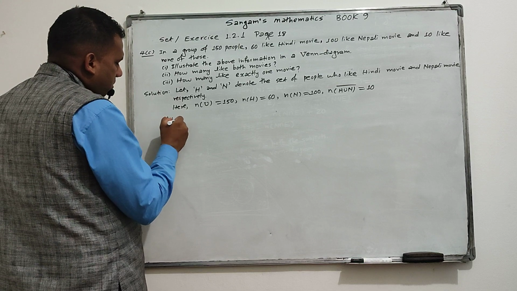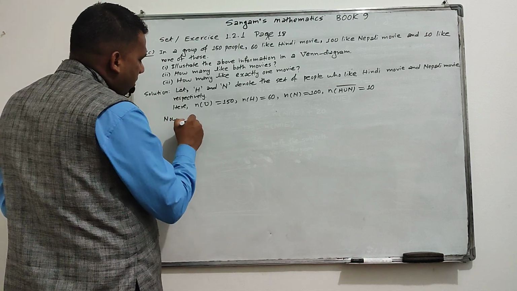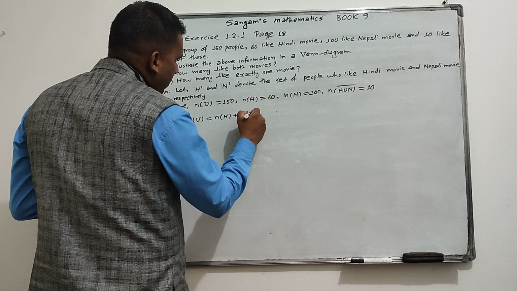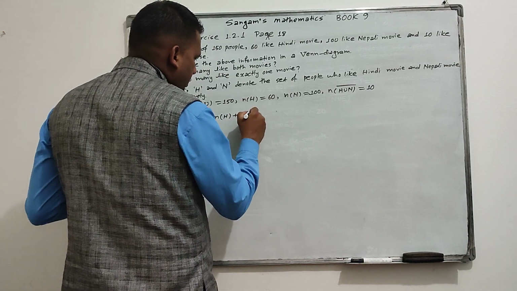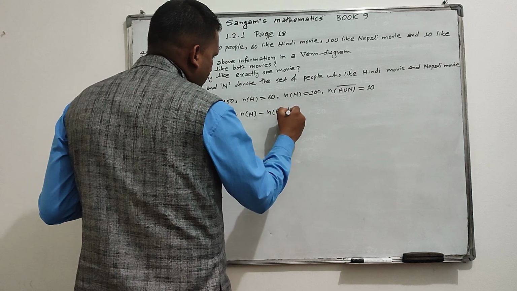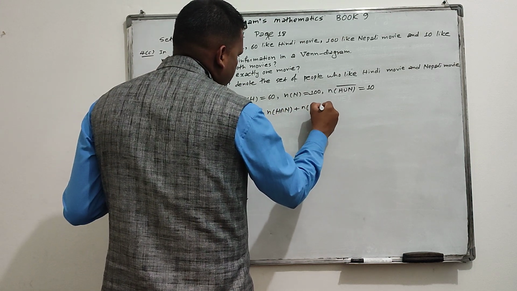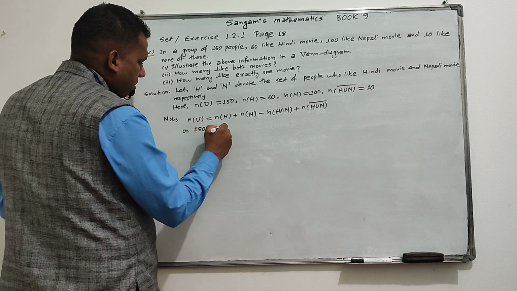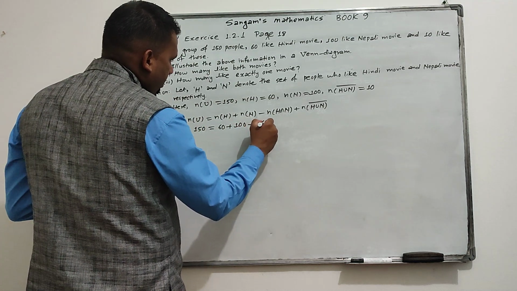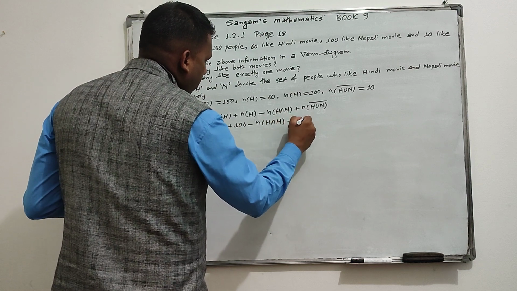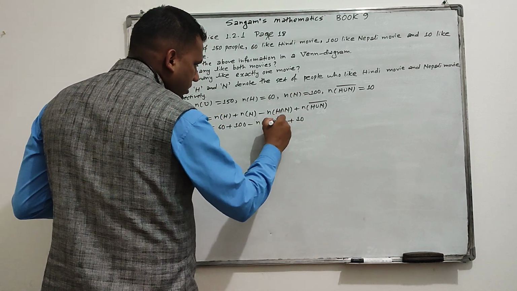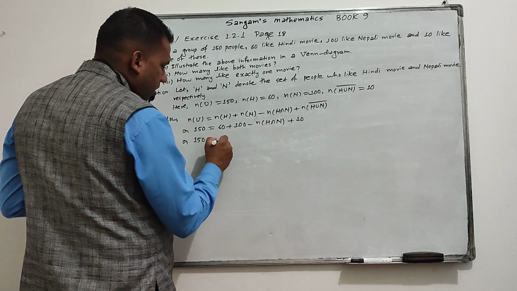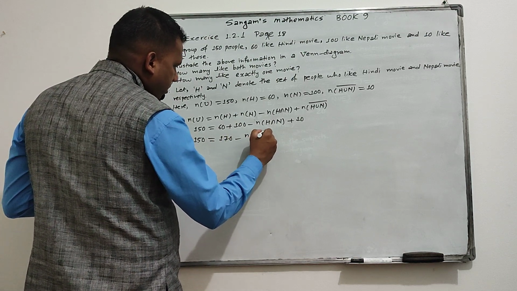Now using the formula, n(U) equals n(H) plus n(N) minus n(H intersection N) plus n((H union N) complement), or 150 equals 60 plus 100 minus n(H intersection N) plus 10, or 150 equals 170 minus n(H intersection N).